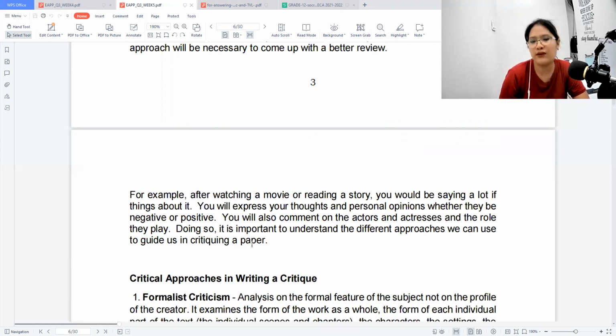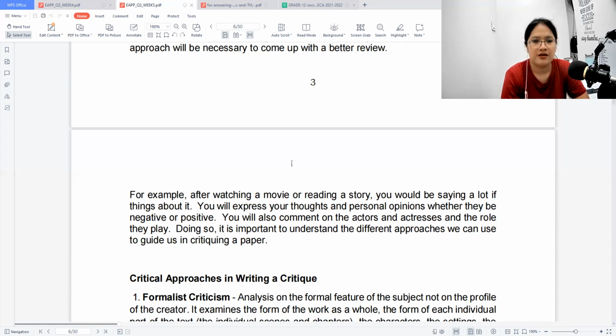And some would have different opinions about it. Pwedeng may positive, ang ganda ng pagkaka-portray ng role, while others might have a different thing. You would comment on how the actors or actresses played their role. So, ganitong paraan nagkakaroon tayo ng mga iba't ibang approaches sa pagko-comment, and the same goes with critiquing a paper.